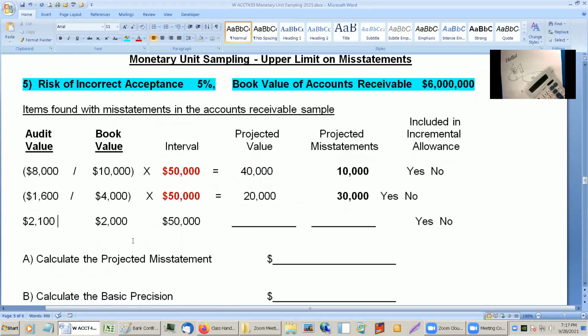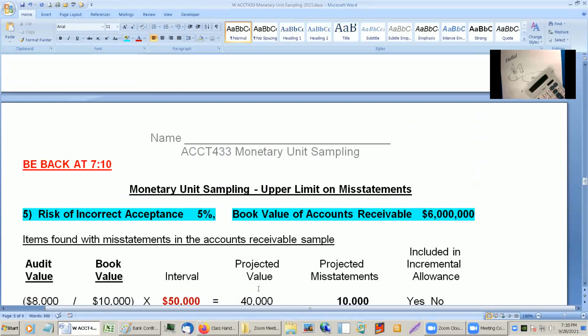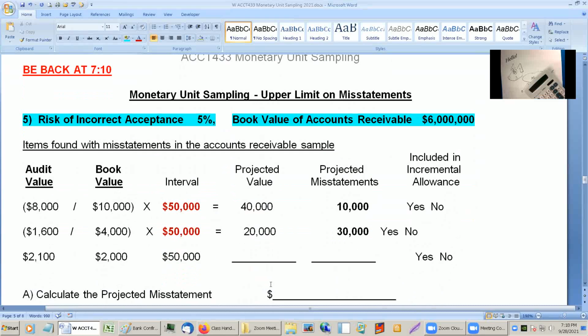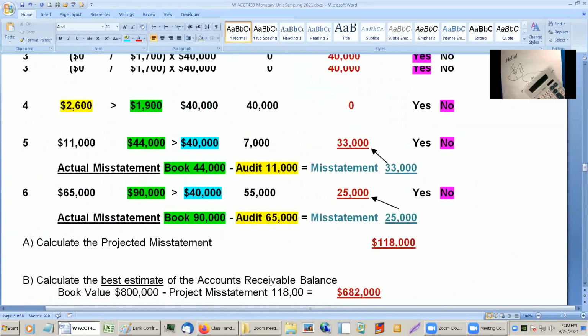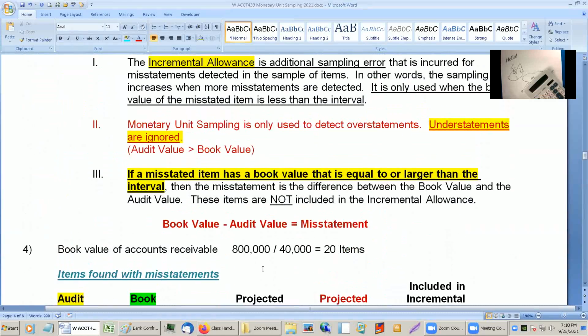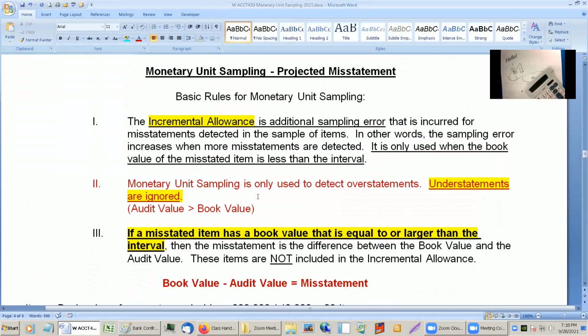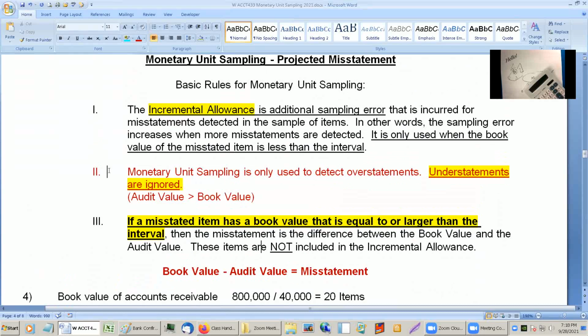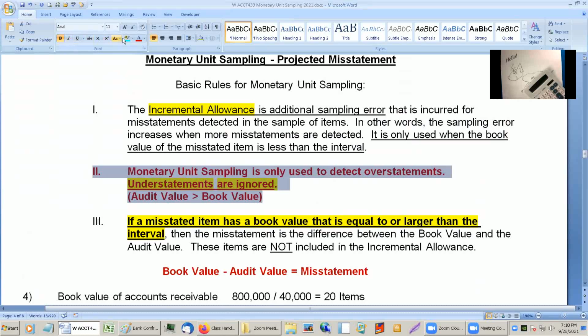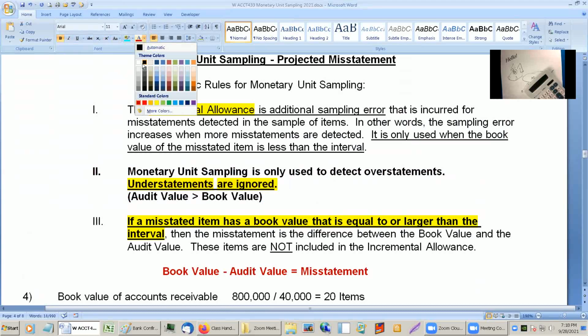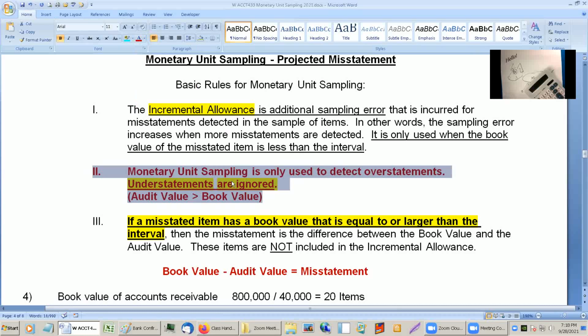This one down here is a little bit tricky, and it goes back to what we did when we left. And it comes down to this one. Okay. Monetary unit sampling is only used to detect overstatements. Understatements are ignored.